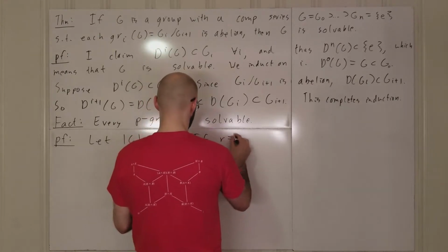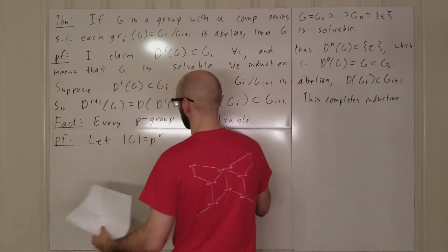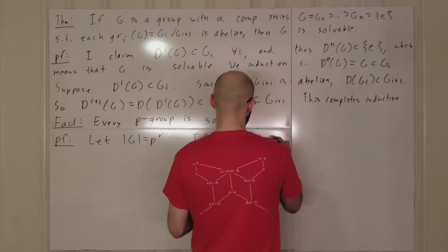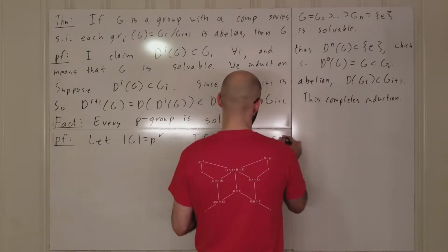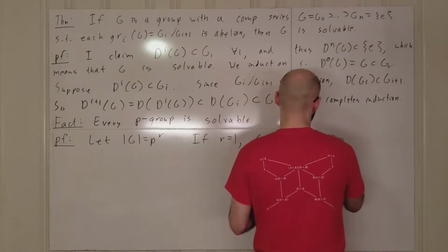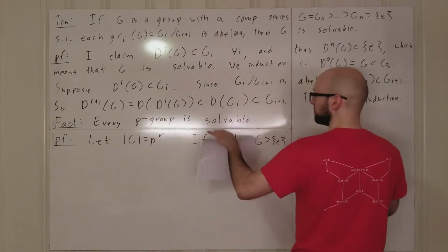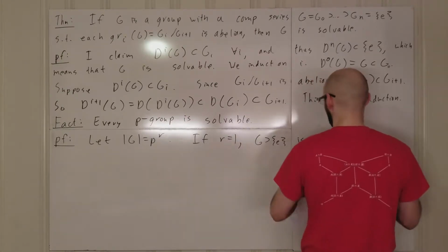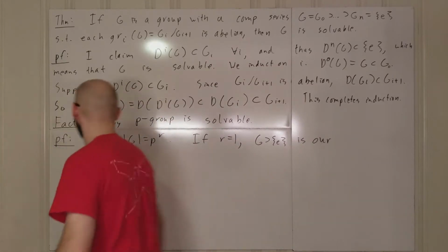If r equals 1, yes, we are inducting. So if r equals 1, G contains E, and this is a composition series.